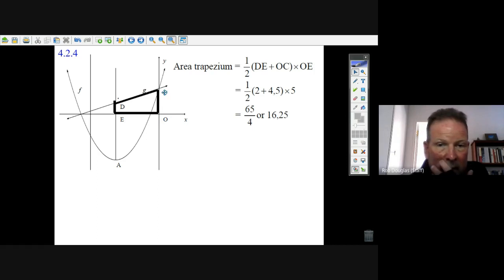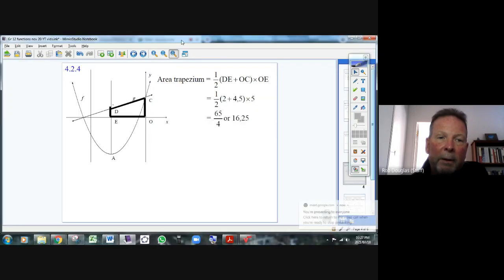And we knew that intercept there was 9 halves, 4.5. So there we go. DE and OC, we add together, multiply by a half, multiply it by 5, and you get 16.25 square units. That's the area of this trapezium. Okay, that's up to 4.2.4.